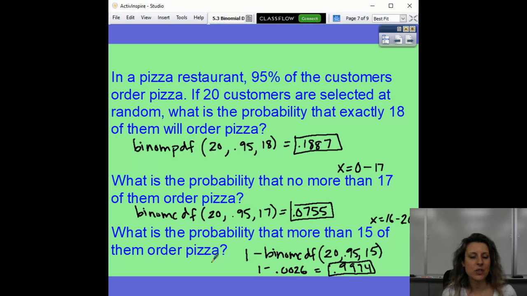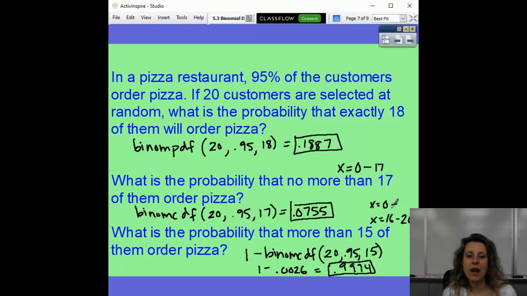And this last one was tricky because it asks us what's the probability that more than 15. So we actually want the x values from 16 and up. That is not a straightforward PDF, and it's not a straightforward CDF because remember, CDF will always start at 0 and go up to a number.